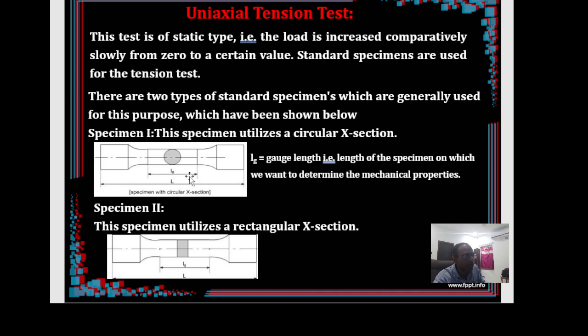For all practical purposes we take this gauge length as the length of the specimen for which we want to determine the mechanical properties. Once you have marked the specimen with the gauge length and the projections left for gripping, your specimen is ready for testing.